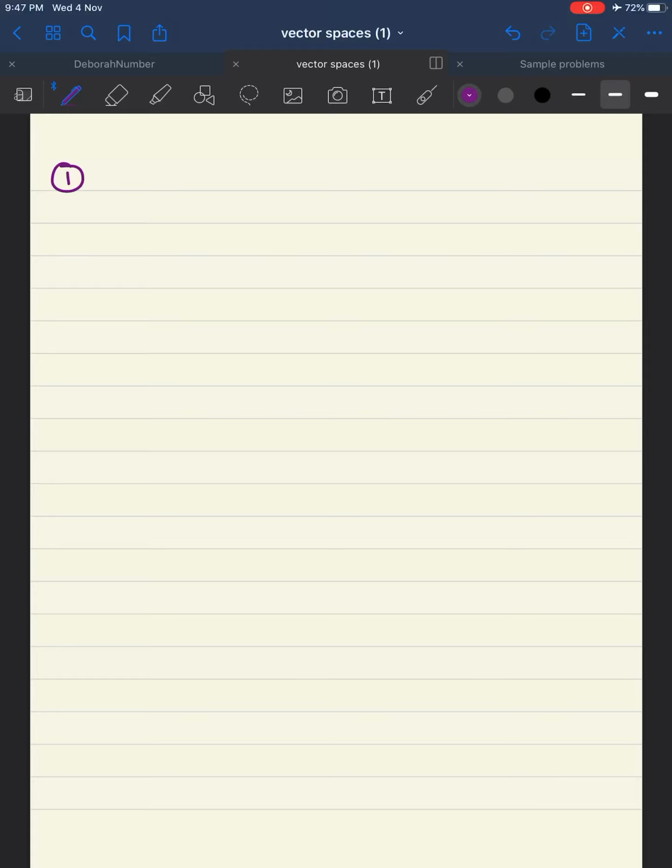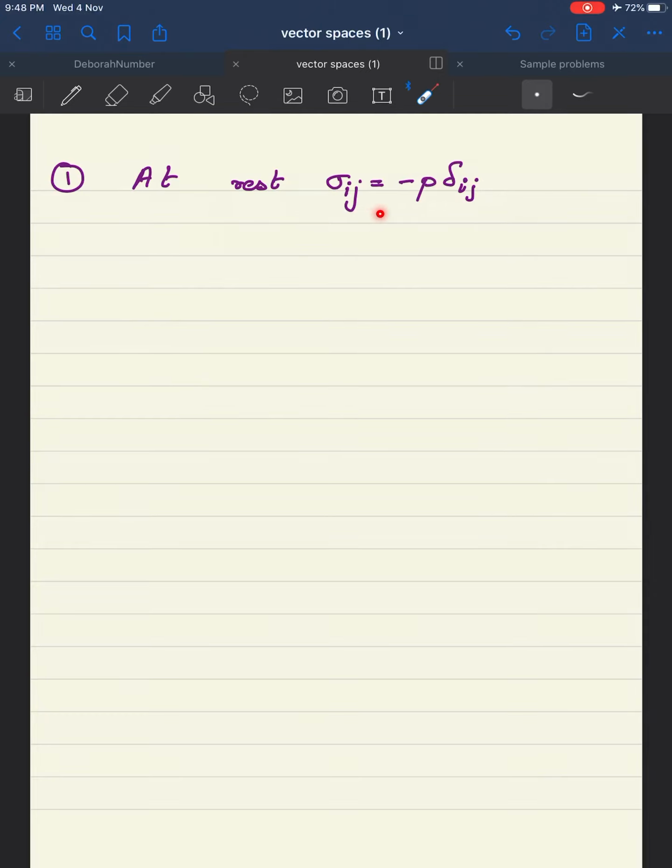So, when at rest, sigma ij is given as simply minus p delta ij, where this minus p is a pressure term and delta ij, I hope you remember, is the Kronecker delta. So, delta ij is equal to 1 when i is equal to j, and delta ij is equal to 0 when i is not equal to j, right.